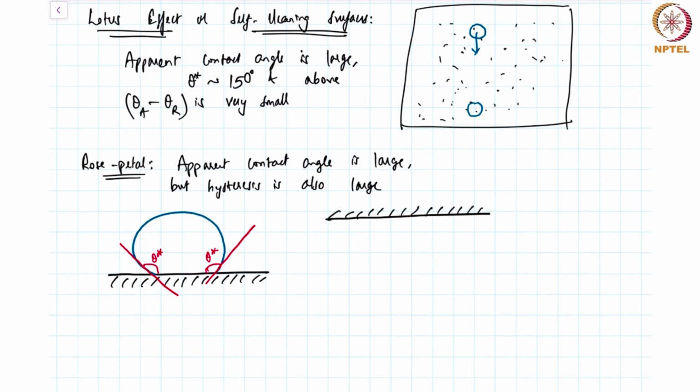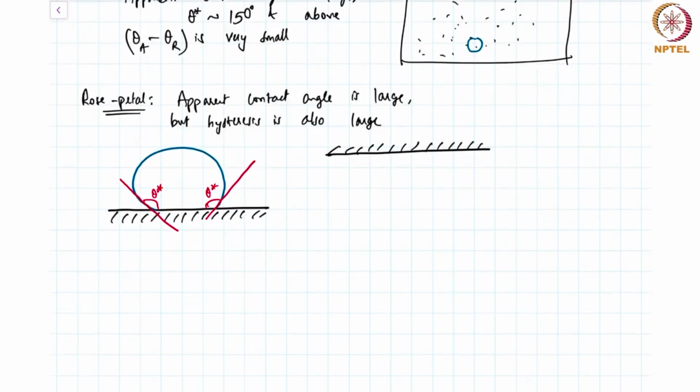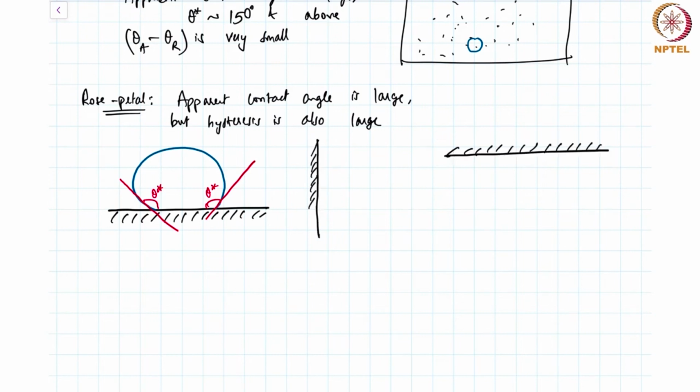Okay, maybe we'll just do it step by step. Maybe we'll just do it for a case which is a slanted, vertical plate. If you take a vertical case, then this petal can still have a very large angle, a very large hysteresis angle. This is theta R and this is theta A. It will not slide down.